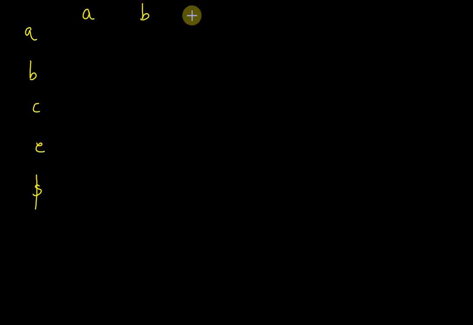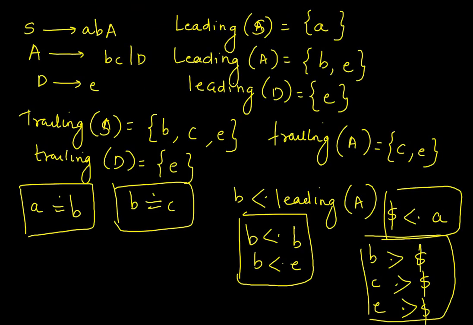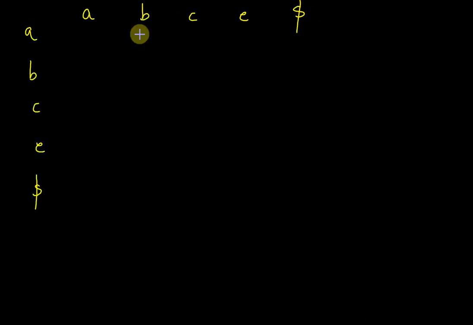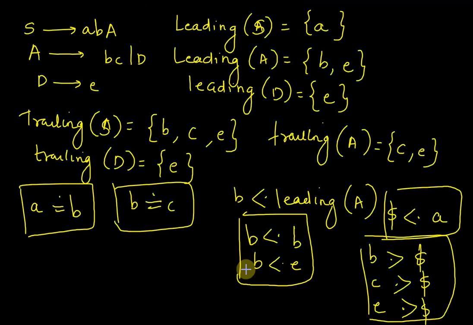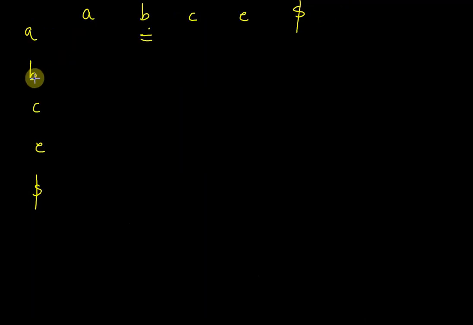Now use the precedence relations which were obtained in the previous step. The first one is A has same precedence as that of B. So A and B I'll mark equal to precedence. Then the next rule is B has same precedence as that of C. So this B is row and this C is column.